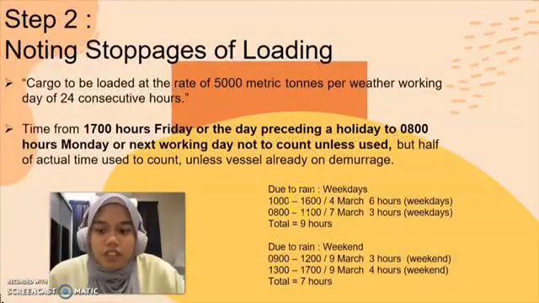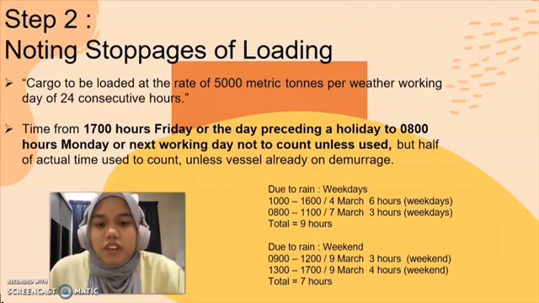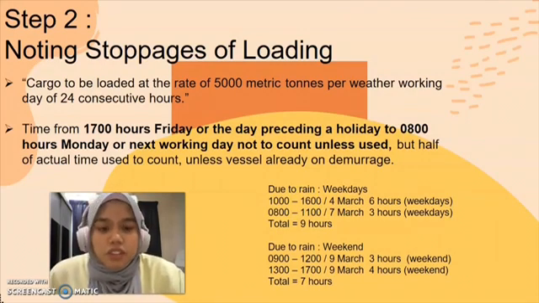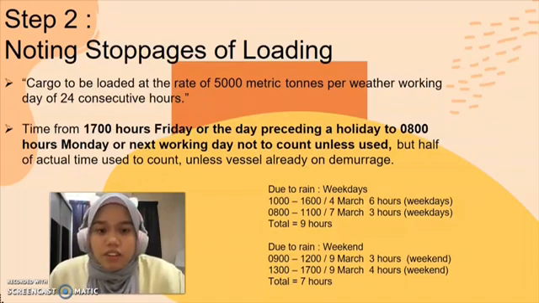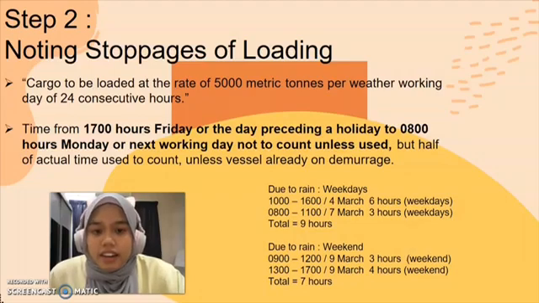For the calculation in step 2, time not to count, which we call noting stoppage of loading due to rain, we separate it into weekdays and weekend. On weekdays, on 4th March, rain stopped loading from 1000 hours to 1600 hours, which takes 6 hours. Then on 7 March, from 0800 hours to 1100 hours, it takes 3 hours.